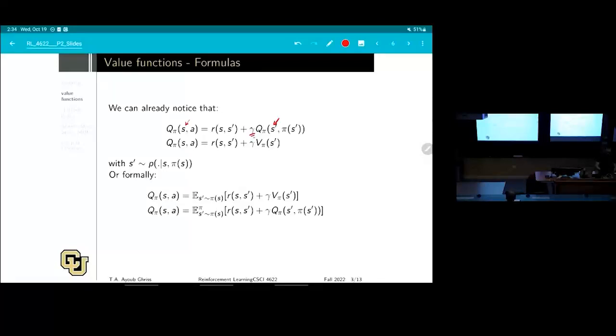For V, we can also write the same thing: V of S is equal to R of S, S prime plus gamma V of S prime. So you can see that we have something like F equals R plus gamma F of S prime. This dependence relationship is what we're going to use later to define some properties.